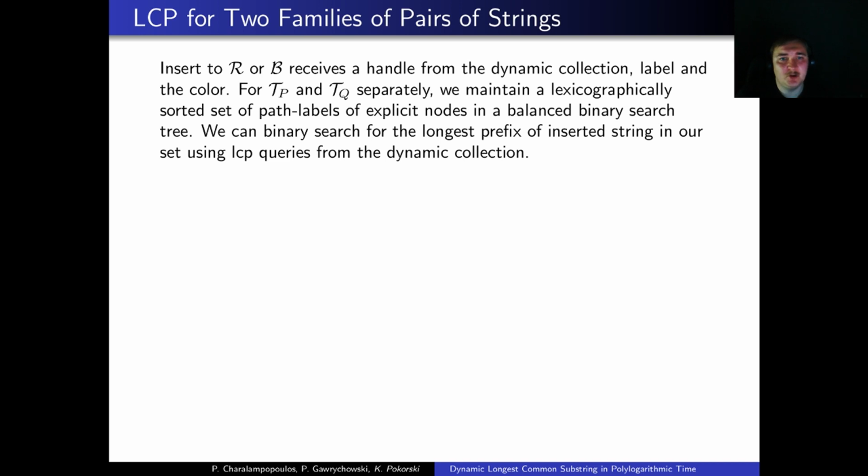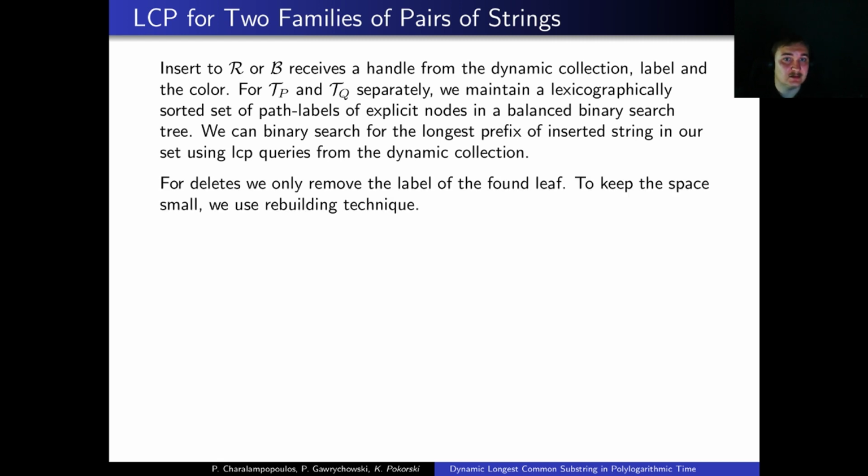For both tries separately, for the tree that stores reversed left parts and right parts, we basically want to solve LCP queries to be able to get the LCP. When we want to delete something from there, we only remove the label of the leaf.